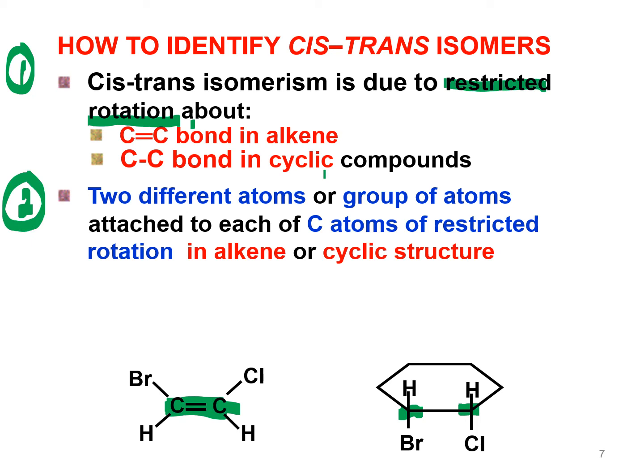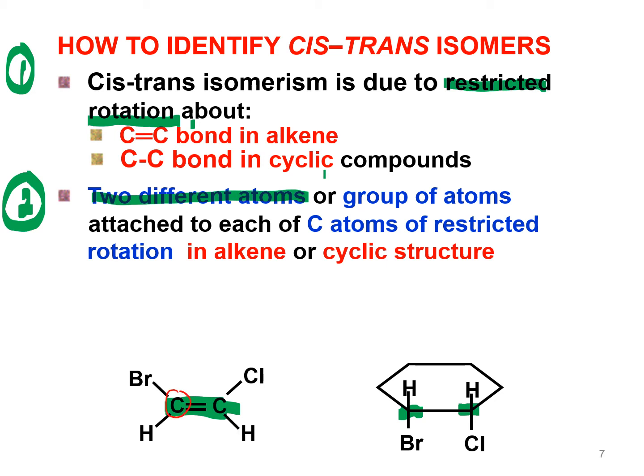syarat yang kedua, there should be two different atoms or group of atoms attached to the carbon of restricted rotation. Contohnya dalam alkene di bawah ini, kita ada carbon yang pertama of restricted rotation.